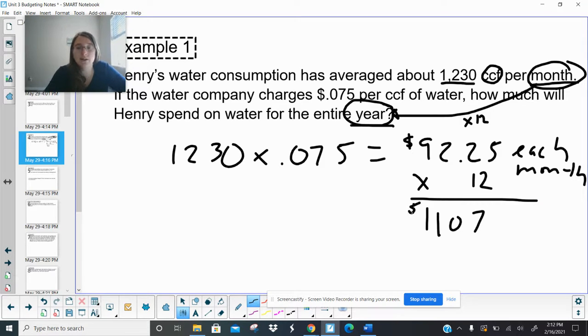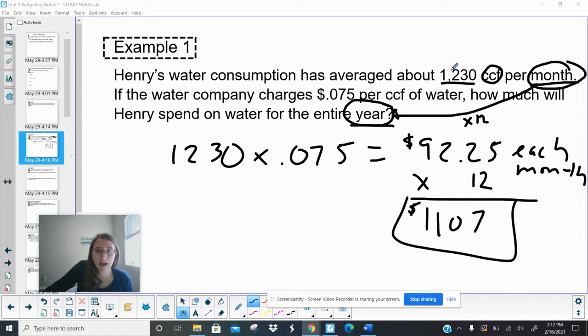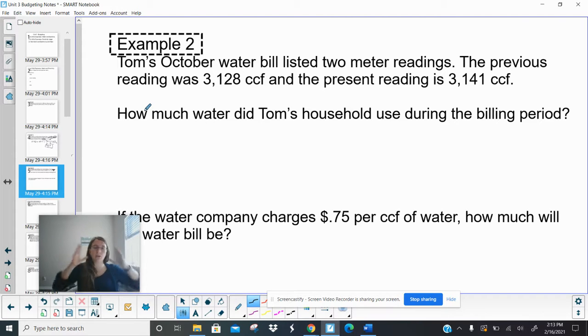So this is how much he wants to budget then for the year about. Did I get that right? Yes. So that's straightforward to start with. You see how much you used, you have a unit price, you just multiply. But again, keep an eye out for these time period changes. They pop up every now and then, not all the time. We just gotta be careful with them. So that's basically what we're gonna be doing.